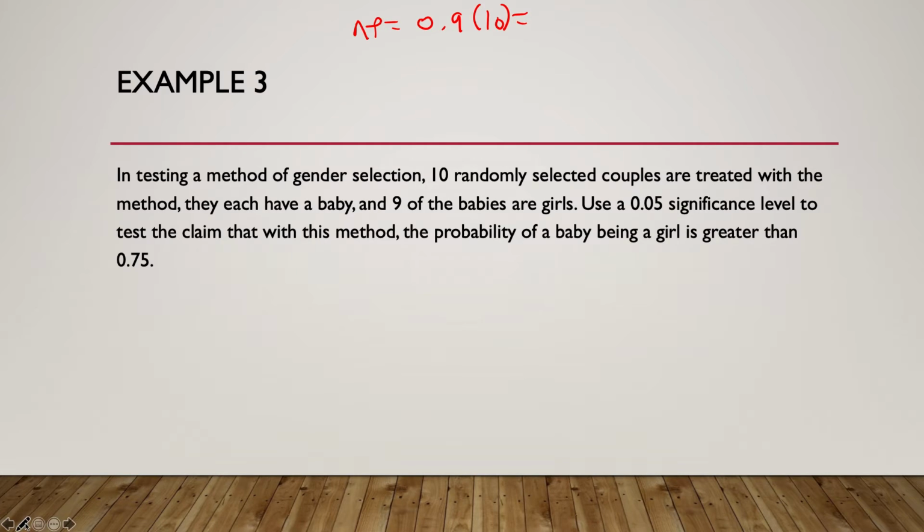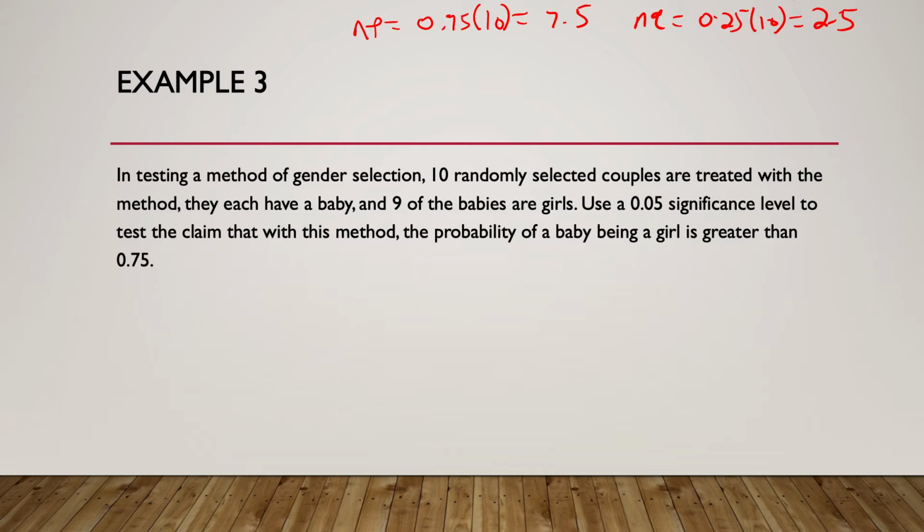Let me very quickly fix that, because otherwise this is not going to make too much sense. 0.75 times 10 gives a value of 7.5. That's greater than 5. For n times q, we would have 0.25 times 10. This gives us a value of 2.5, and as such, that's less than 10. So, technically speaking, this should not be used.